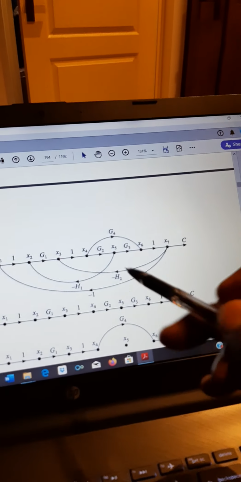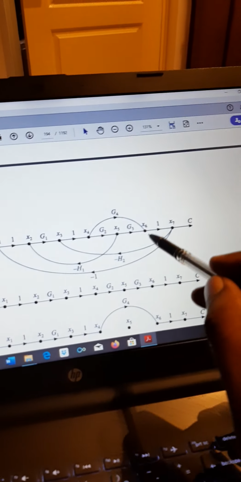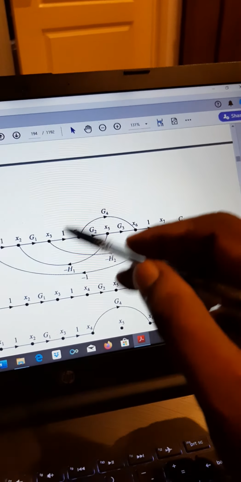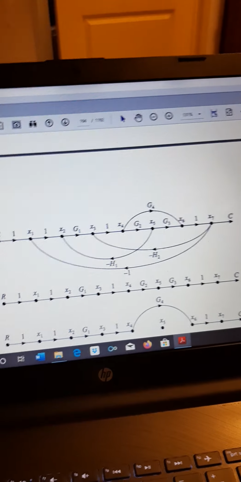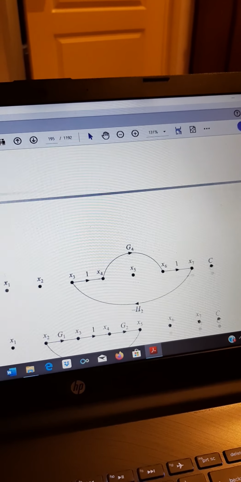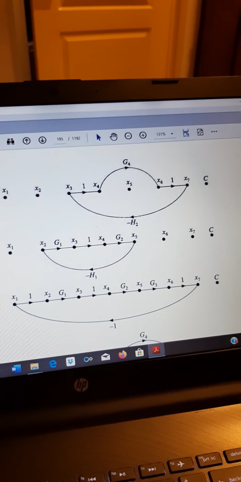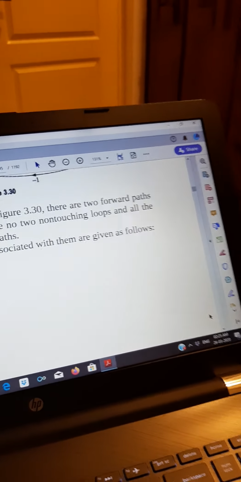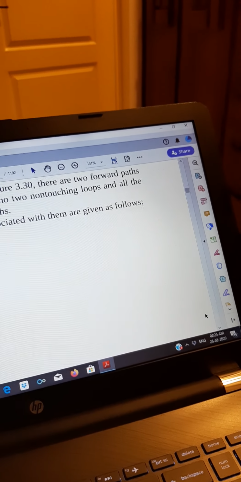All the loops, if you are considering this, will be touched with all the others. So there is no pair of 2 non-touching loops or pair of 3 non-touching loops.